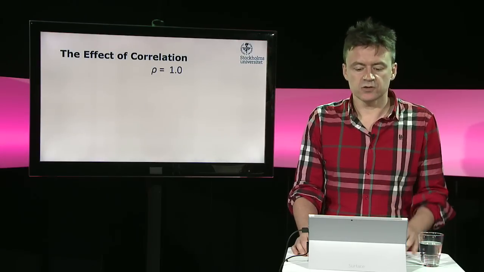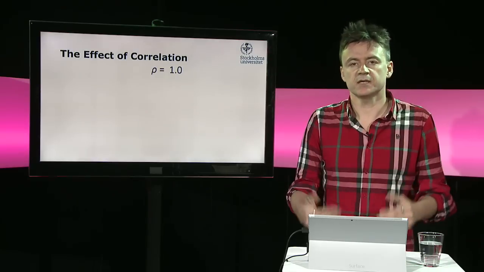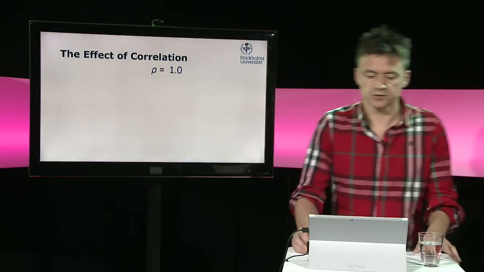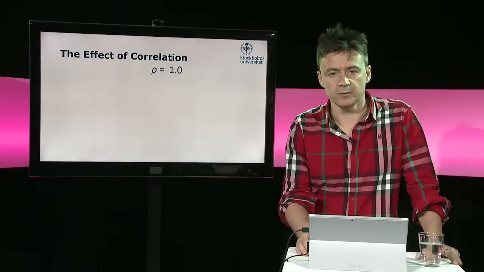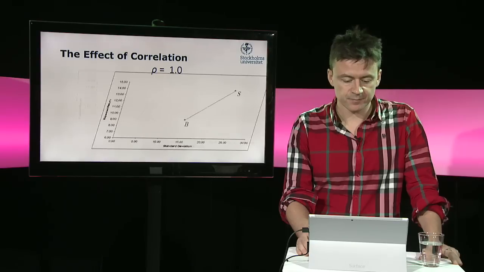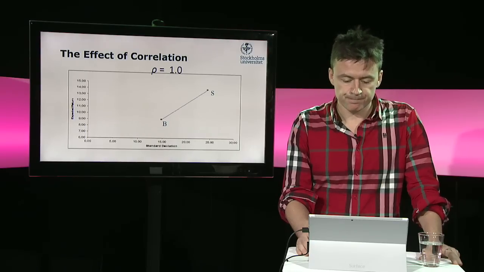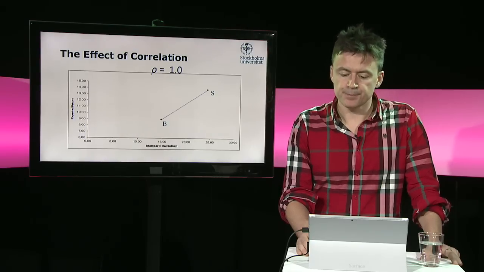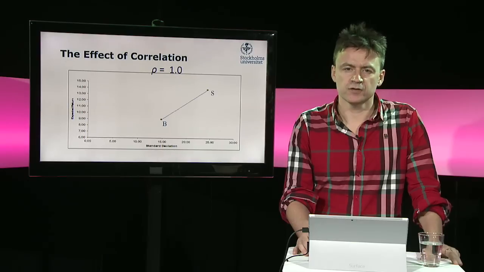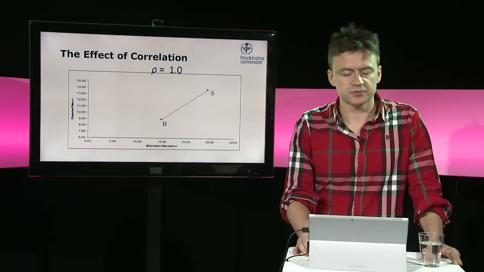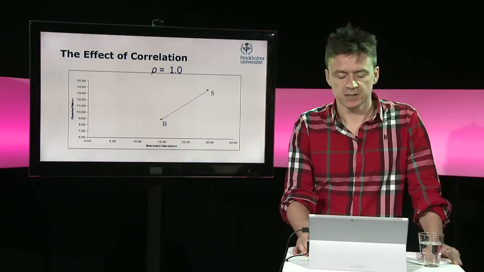Now, we choose a correlation of 1.0. We assume that the correlation between the returns of these two assets is equal to 1.0. Then what we get is not a curve anymore. We actually get a straight line.